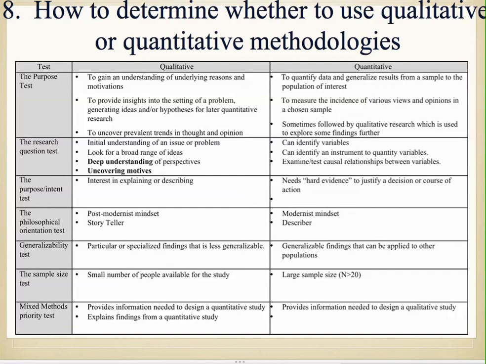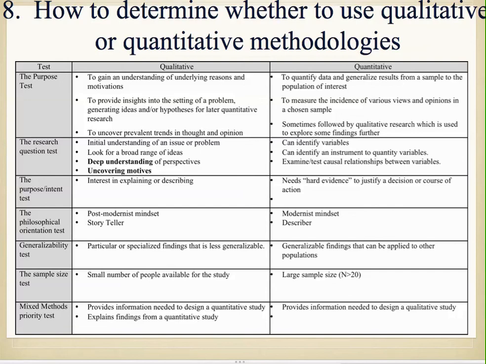Basically, if you're looking for an in-depth understanding of a situation, you want to get at reasons and motivations to understand a problem, or you're interested in explaining something in great detail, that's the kind of approach that you probably would take.